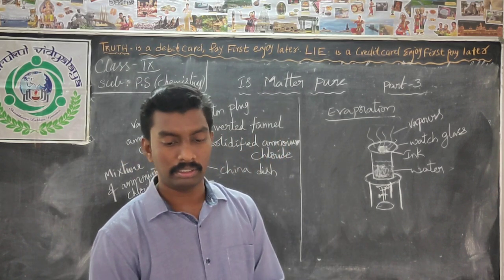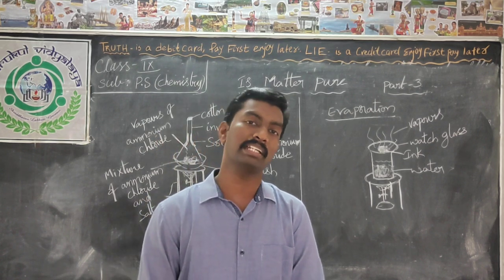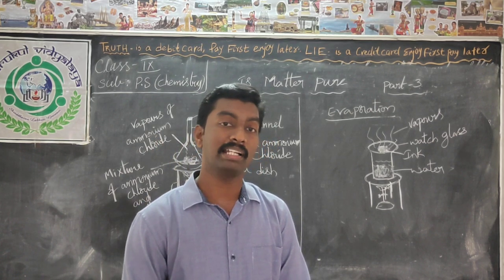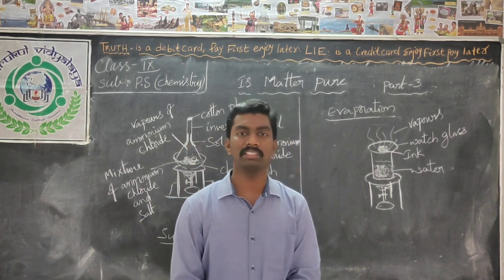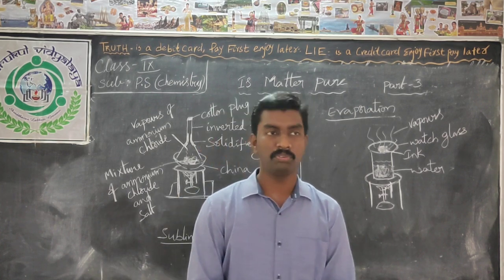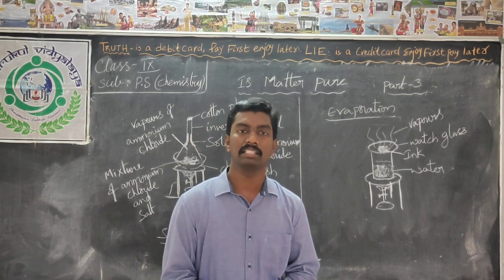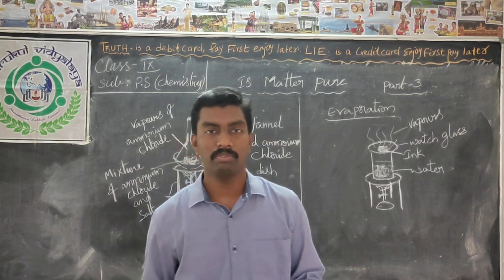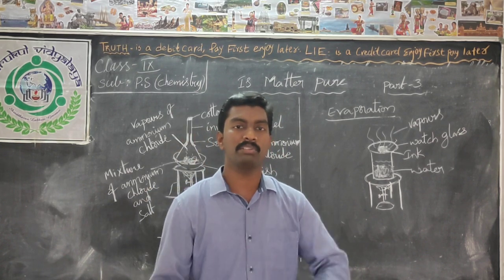Is it possible to find out the adulteration of kerosene in petrol with this technique? In both liquids there is a density variation. Every liquid does not have the same density; they have different densities. Depending on the densities, whenever we heat them, the one with less density will evaporate fast.